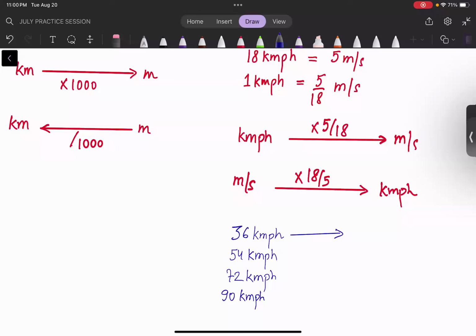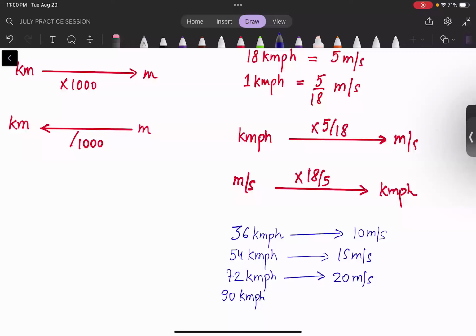Twice of 18, so twice of 5, so 10 meter per second. 54 is the third multiple of 18, so the third multiple of 5, that is 15 meter per second. Similarly, 72, fourth multiple, 18 into 4, so 5 into 4, 20 meter per second.